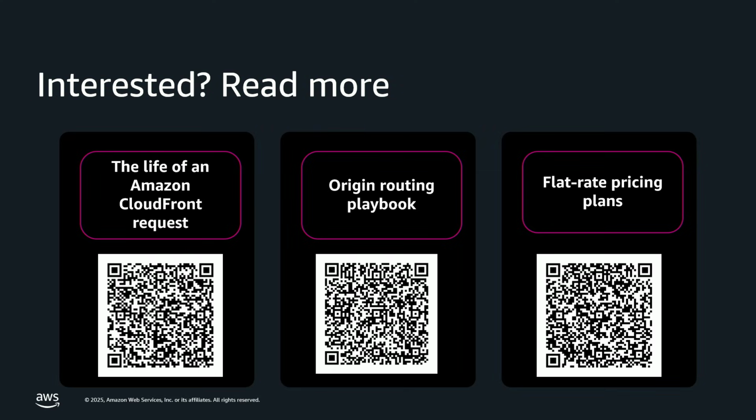This is called the flat-rate pricing plans, and it goes between $0 a month up to $1,000 a month, and this is a fixed price. You get CloudFront and WAF out of the box. So this gives you a very quick way to start using those different components that we just discussed, with a very little price for it.